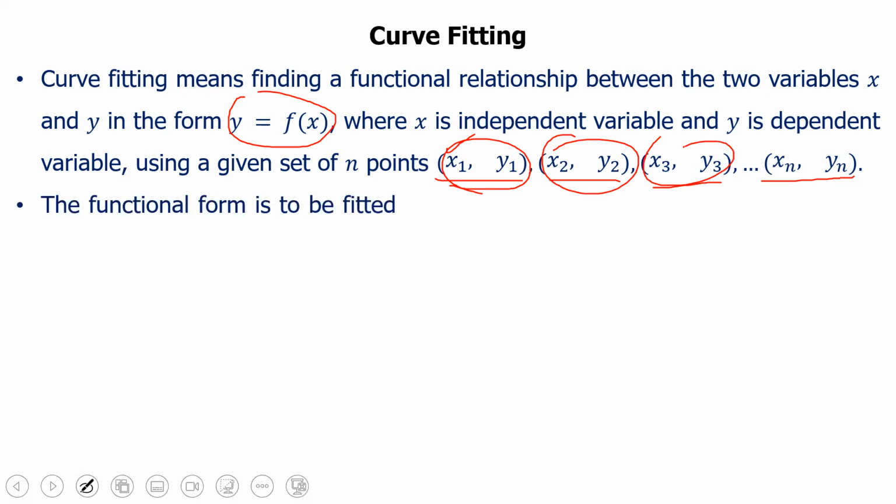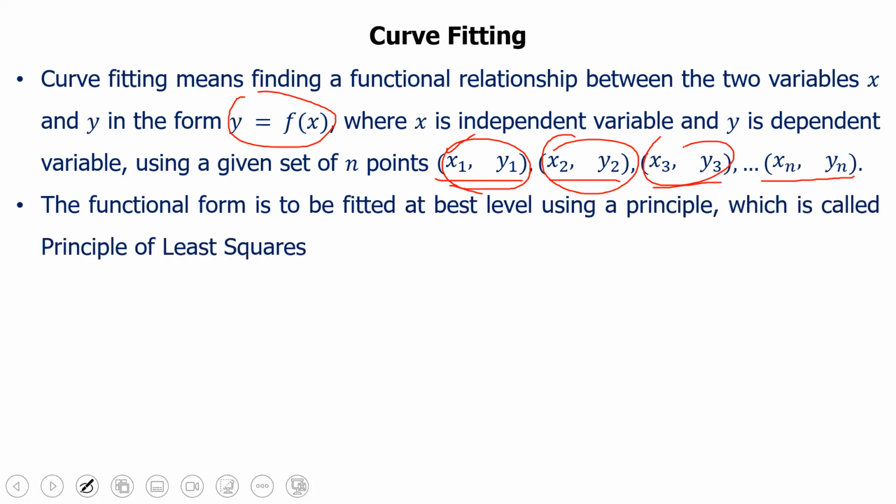The functional form is to be fitted at the best level using a principle called the principle of least square method. Today we discuss this one method, which is very useful to find the curve fitting.